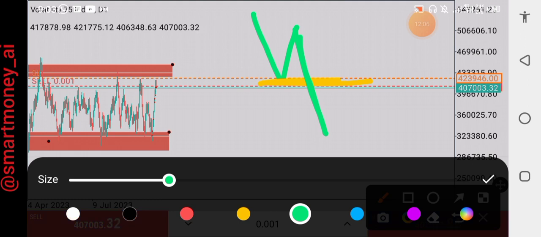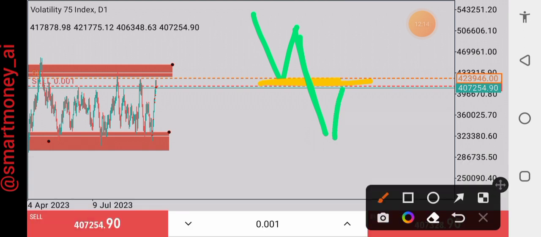Now when price retraces, as soon as price retraces back to your support, you take a sell position here, your take profit here, your stop loss somewhere here, and then you see boom.